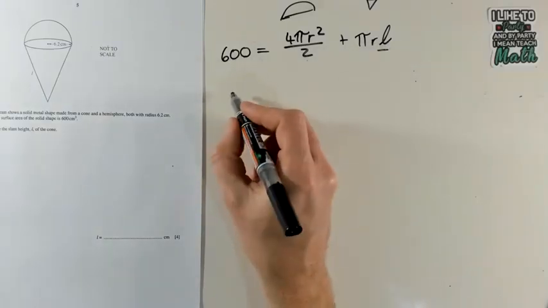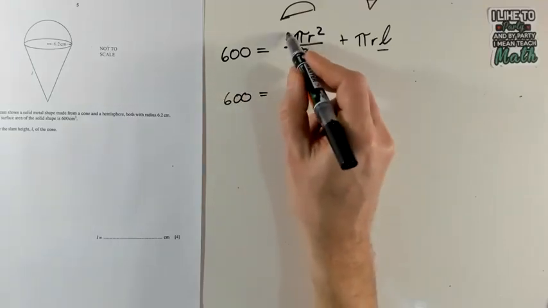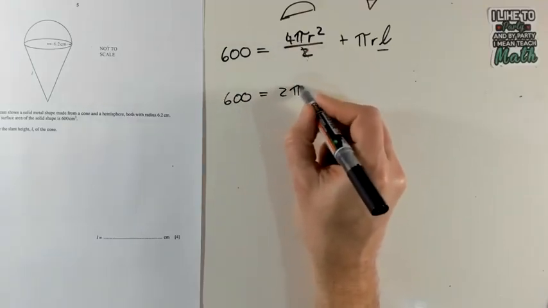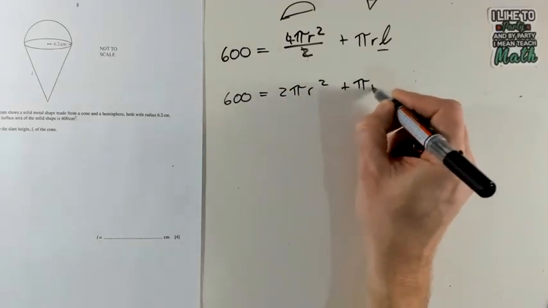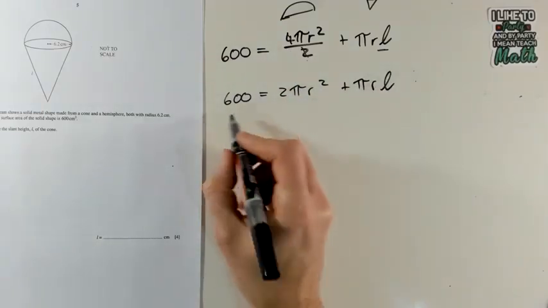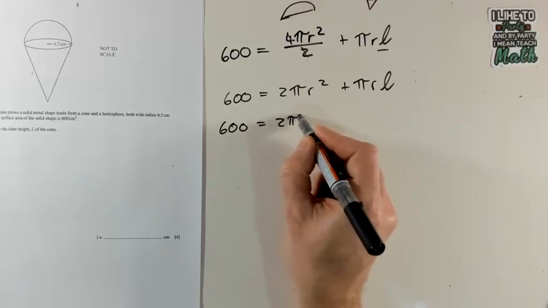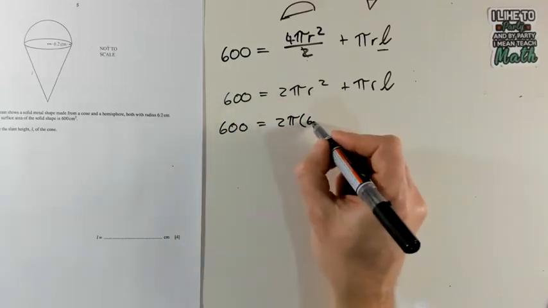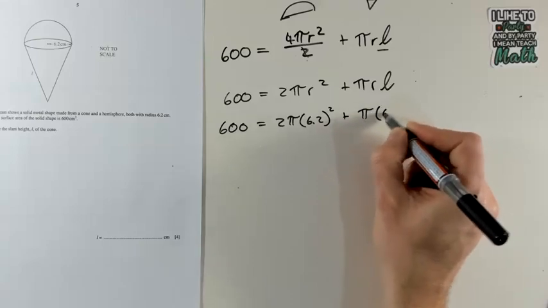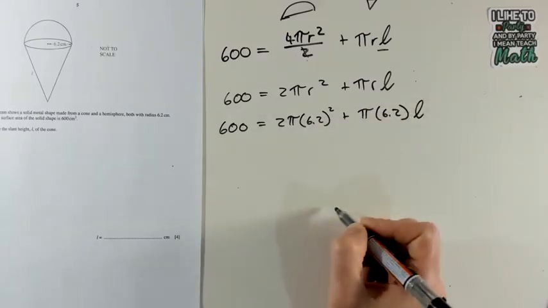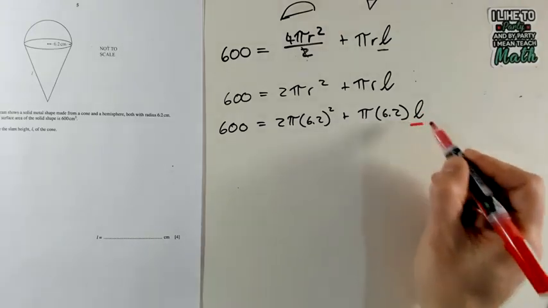So I'm just going to start filling this in. 600 is going to be 2 pi r squared, since it's divided by 2, plus pi r L. And now I'm going to start subbing in. So 600 is going to be 2 pi times 6.2 squared, plus pi times 6.2 times the slant height. Now I want this part alone.